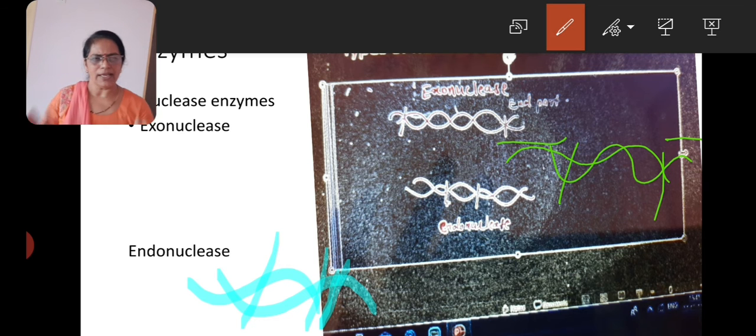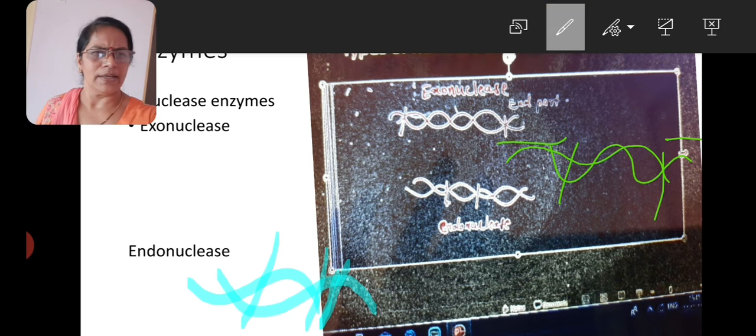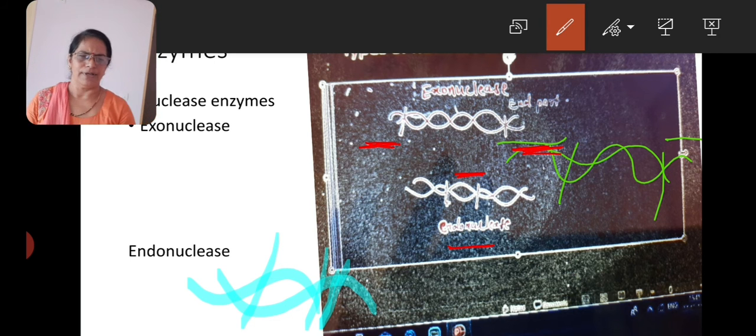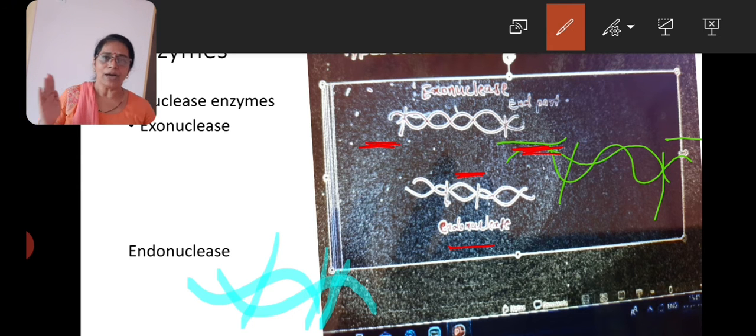So the enzyme which cuts the end part of the DNA is called the exonuclease enzyme. And the enzyme which cuts the middle part of the DNA is called the endonuclease enzyme.